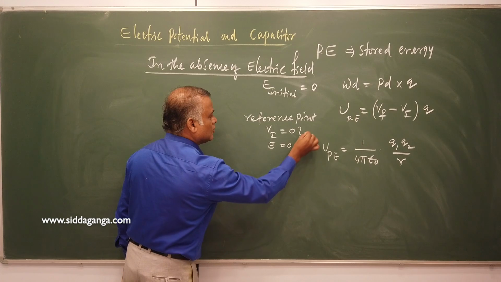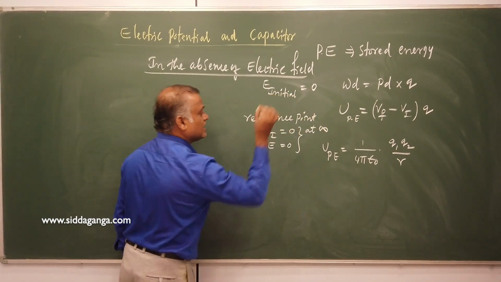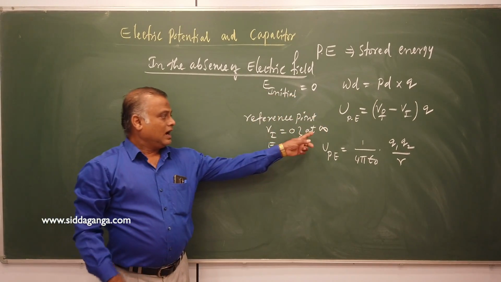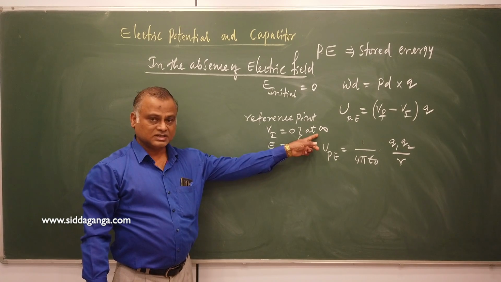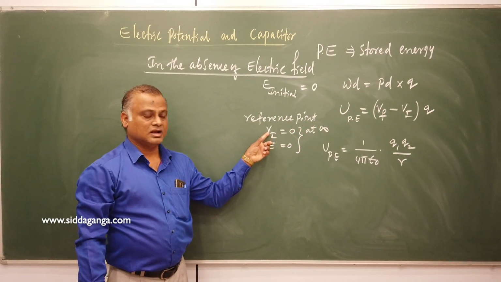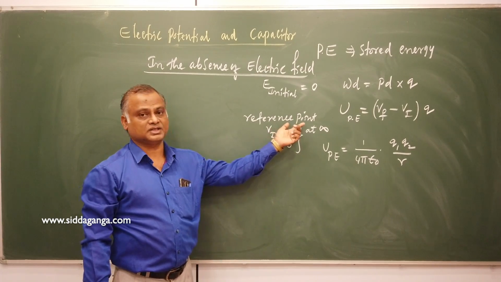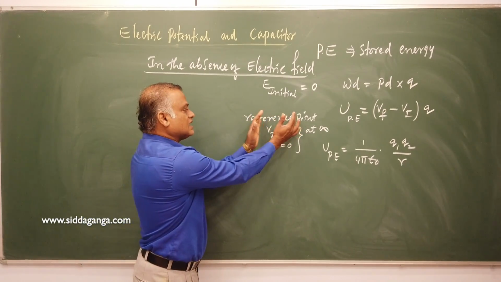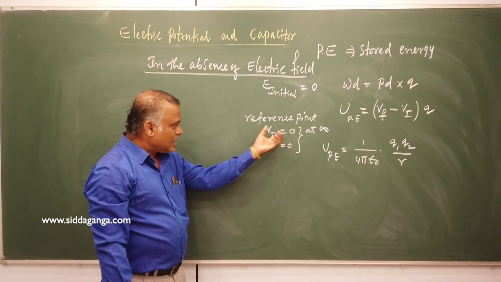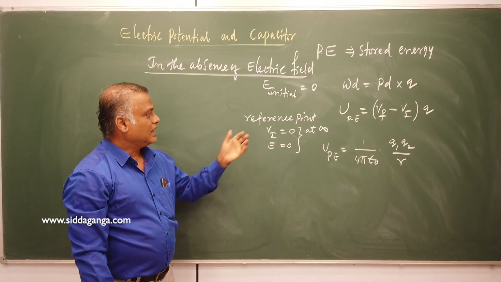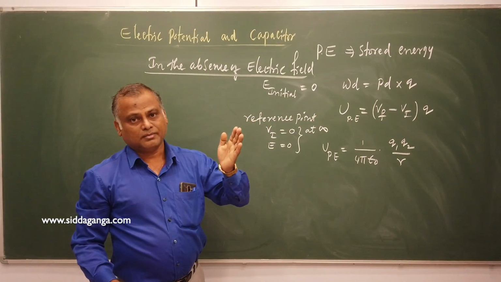This is possible only at infinity. At infinite distance, potential and the electric field are 0, which is taken as the reference point. From this reference point, we start moving the charges and work done by the charge.